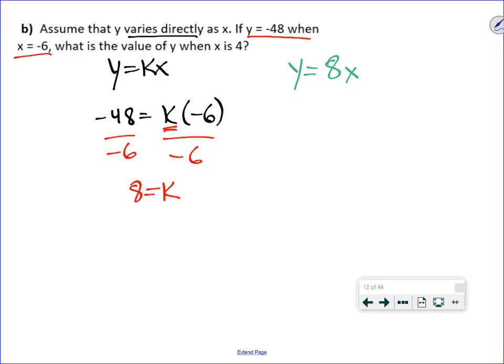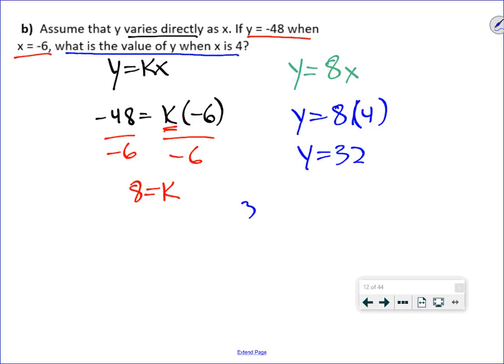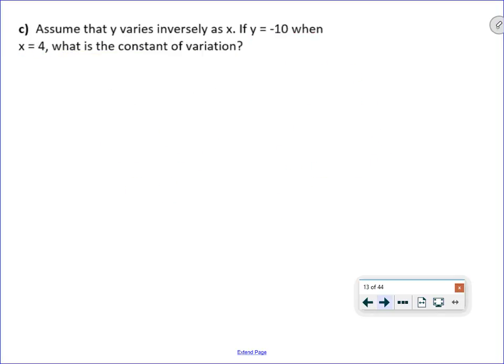Now that we know that, we can do the second part here, which is what is the value of y when x is 4? Well, y equals 8 times 4. So y equals 32. So 32 is the correct answer. So this one, it says y varies inversely.